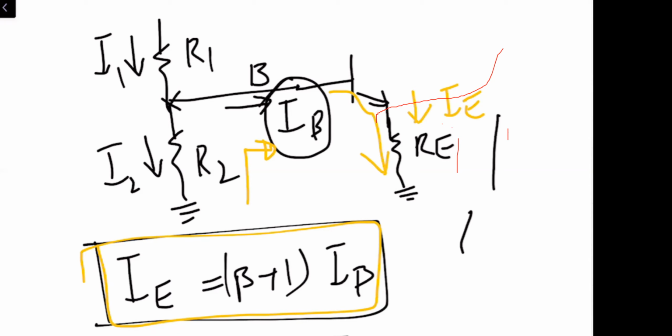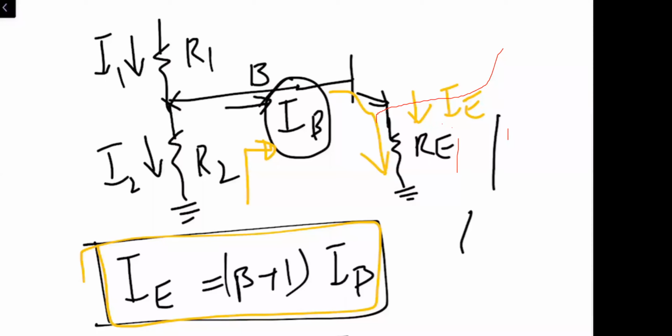What I mean to say is, because over here we are comparing I1, I2, and IB, the IB is actually moving from the circuit towards the emitter.